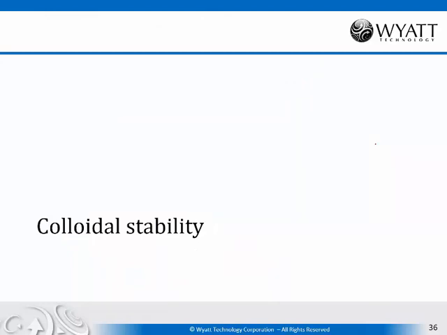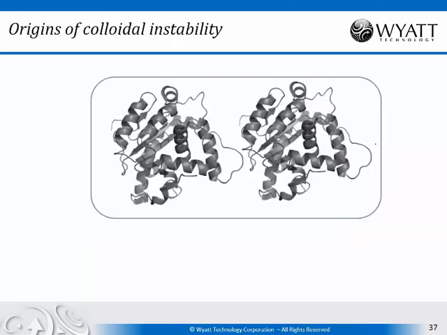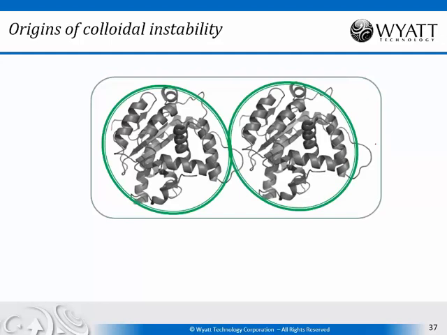Another aspect of stability of proteins and nanoparticles is their colloidal stability. And so briefly to indicate what that is, if you have two molecules in solution, they interact. They interact through what are known as colloidal interactions. The first type of interaction between them is simply hardcore repulsion, and that's because the molecules can't penetrate each other. So that's one type of repulsion.